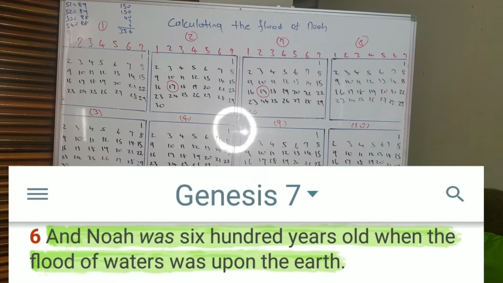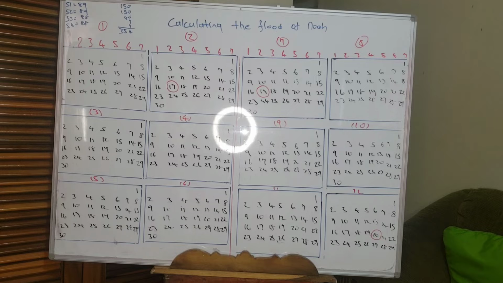It says, and Noah was 600 years old when the flood of waters was upon the earth. Noah's age. It doesn't mean that it is year 600. For example, I am 35 and I'm doing this calculation in year 2022, right? So we're dealing with the years of Noah's life at this point.